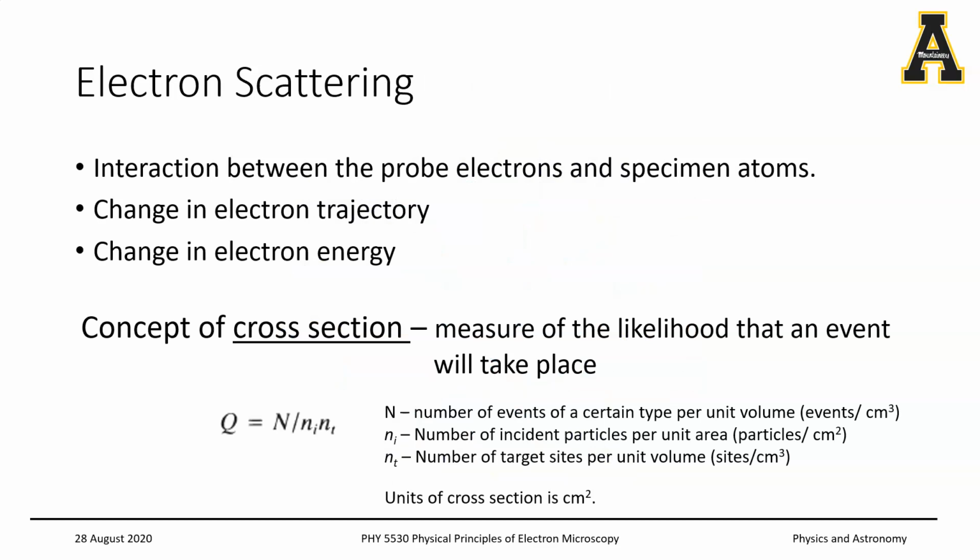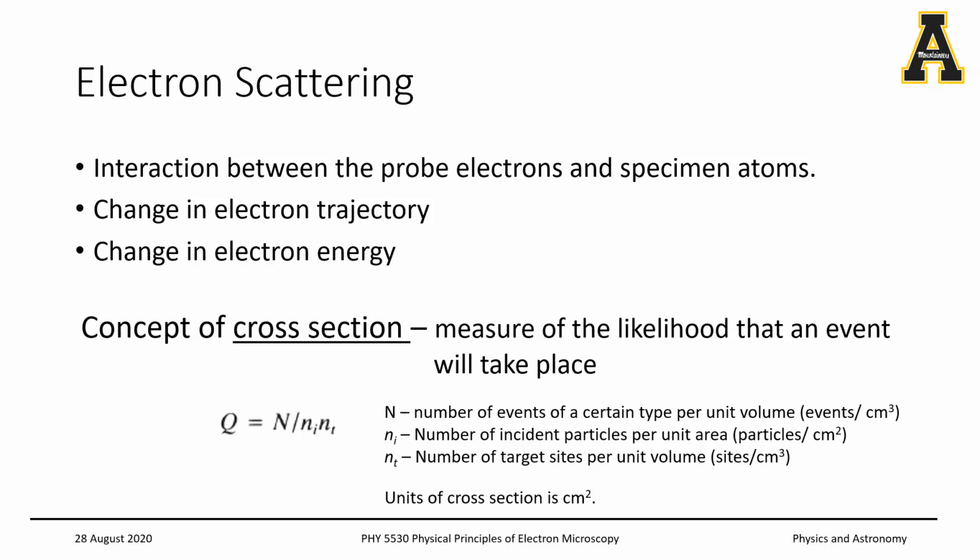Scattering is the interaction between the probe electrons and the specimen atoms. If you have a crystalline specimen, then you would have these atoms arranged in a crystal lattice in order. Or if you're looking at an amorphous material, let's say a polymer, or just amorphous silicon or something like that, then there are still atoms which are randomly placed without any given order, right?